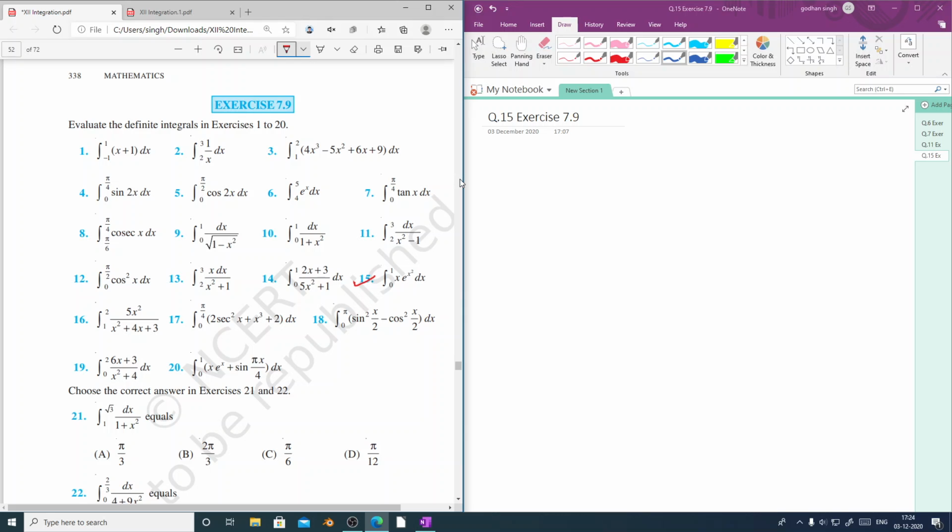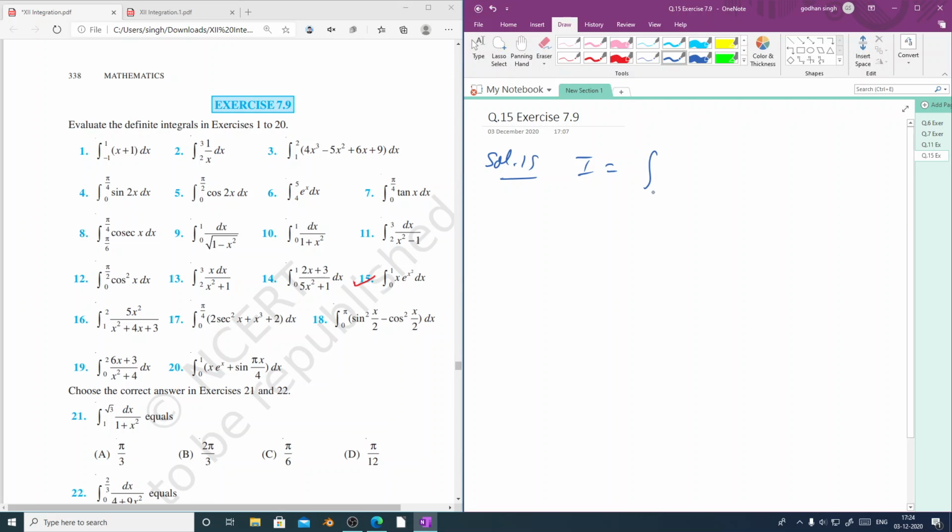Question 15, exercise 7.9. So solving question number 15, solution 15, I equal to integration of 0 to 1 x e raised to x square dx. So this can be written as, therefore I equal to, limit will take from 0 to 1, and here integrating x e raised to x square dx.